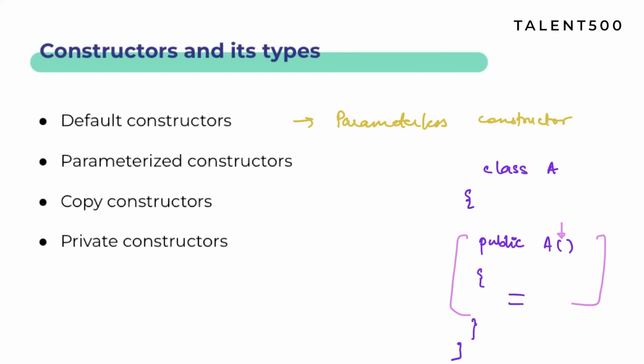Now the next one which we have here is the parameterized constructor. When you talk about a parameterized constructor, in this case, you are going to be providing some parameters, and based upon those parameters, we are going to be initializing it. Let us say we are providing some parameter here, and based upon this parameter, now we are going to be performing some initialization. If you want to achieve that, you are going to be using parameterized constructors.